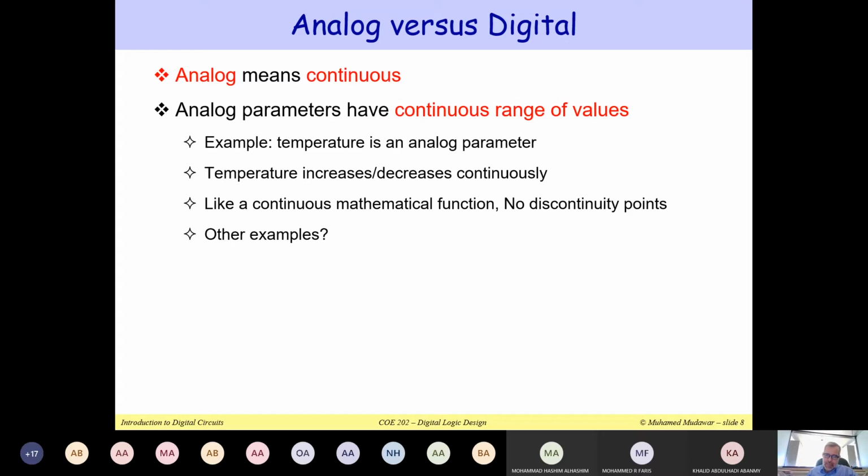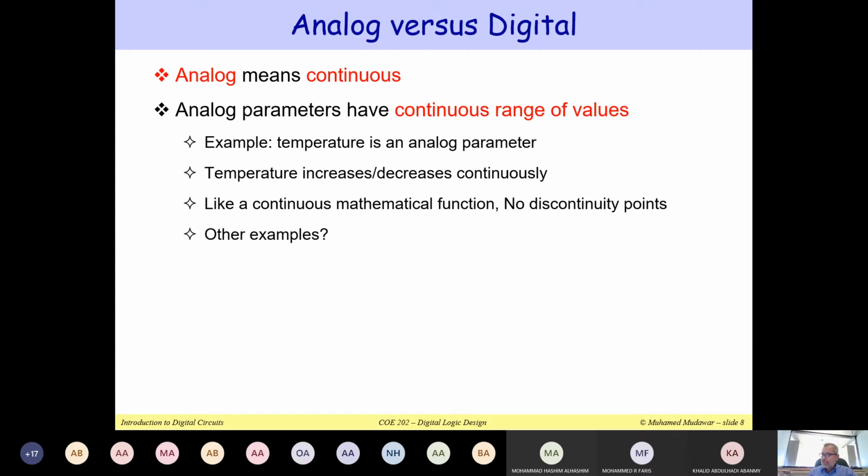So you have a continuous range of values between 40 degrees centigrade and 41 degrees centigrade. So that's temperature, an example of an analog parameter. You need, of course, a temperature sensor to sense the temperature. Do you have other examples about something which is analog?